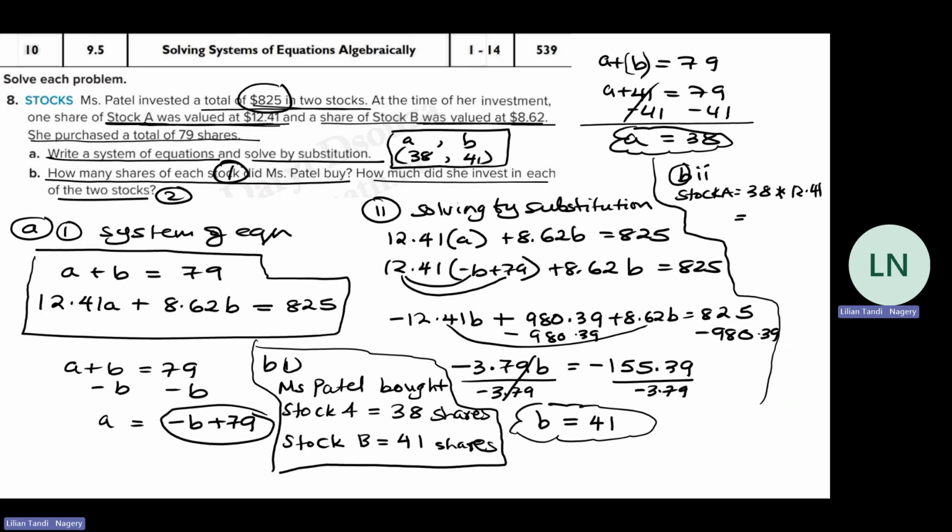And it is dollars, so make sure you use the dollar sign. And then 38 times 12.41 is 471.58.